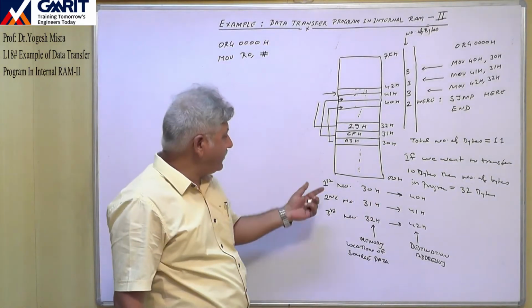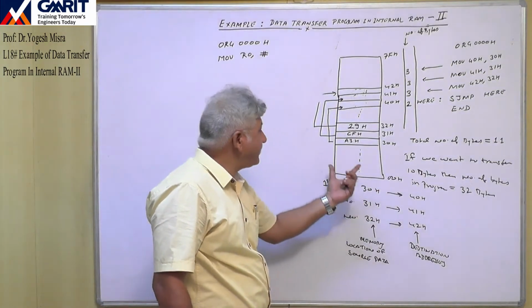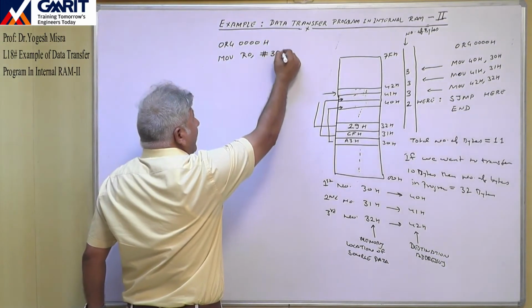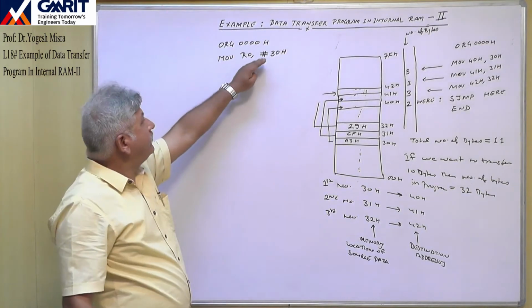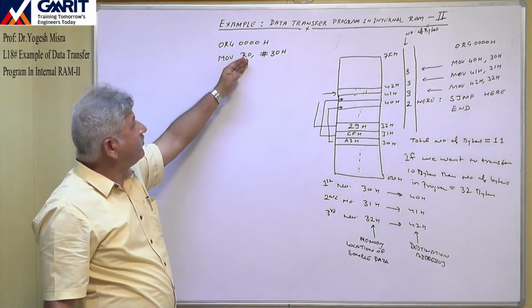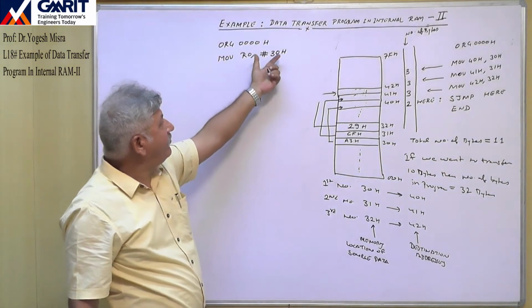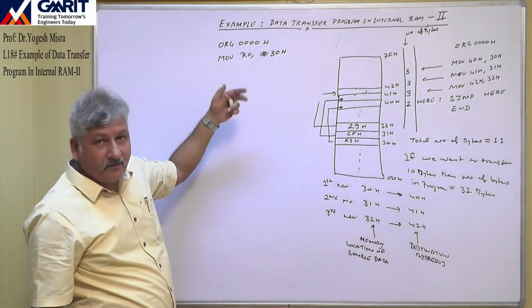So our first data is at this address 30H. So this address I will load in R0 register. 30H. We have loaded in R0 register. So why I have loaded in R0 only, not in R3 or R5, and what is the intention to load this address in R0, that will be clear after some time.